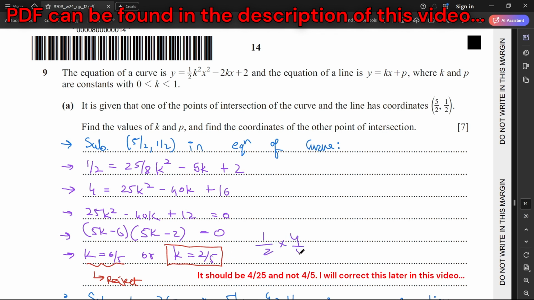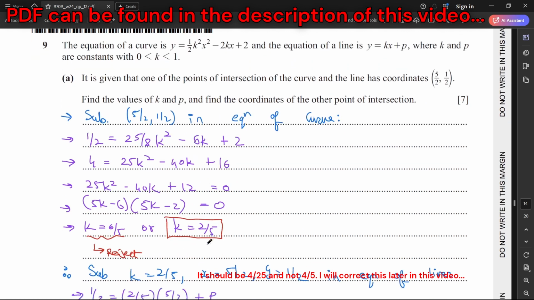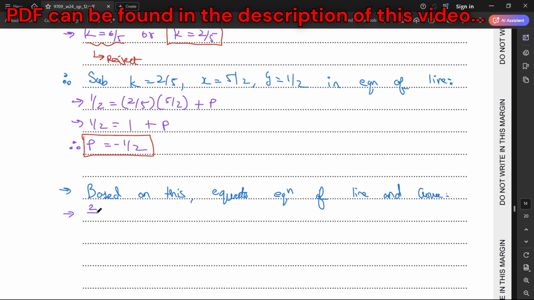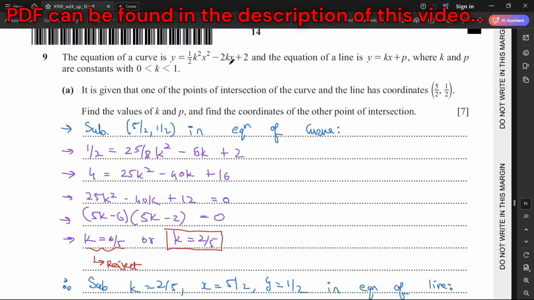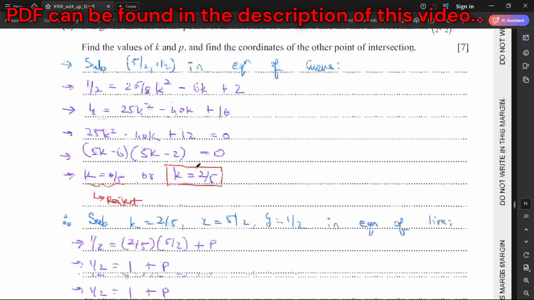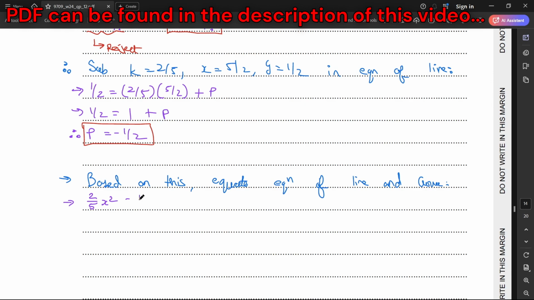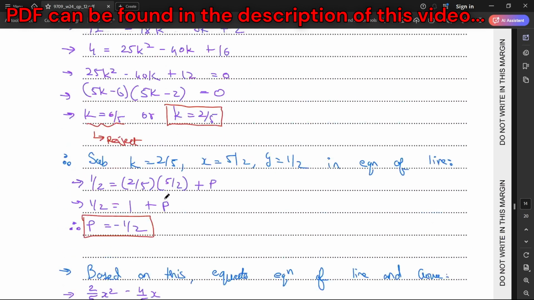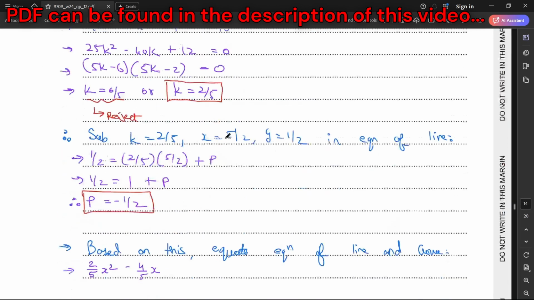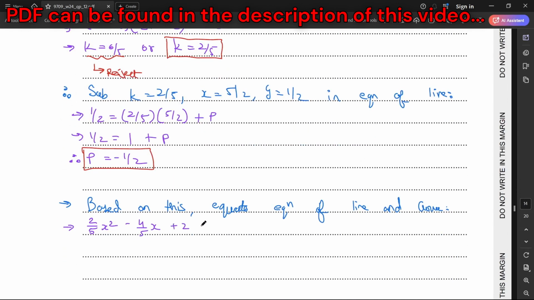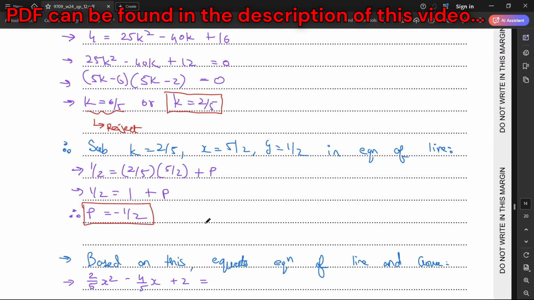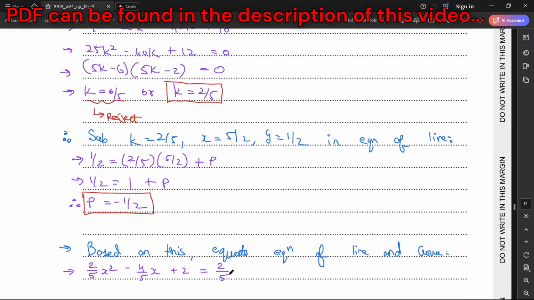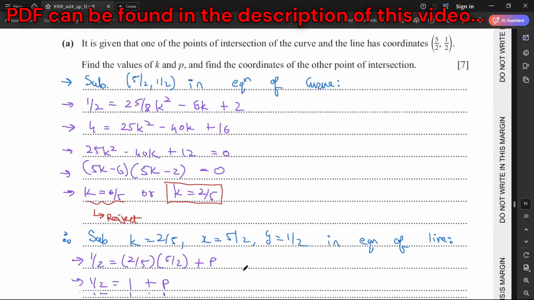Half into 4 by 5 will become 2 by 5. So 2 by 5 x square. Then we have minus 2 into 2 by 5, which is minus 4 by 5 x. Then we have plus 2 is equal to 2 by 5x, and minus half.